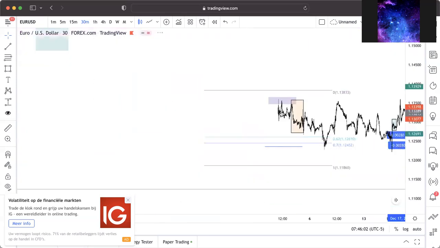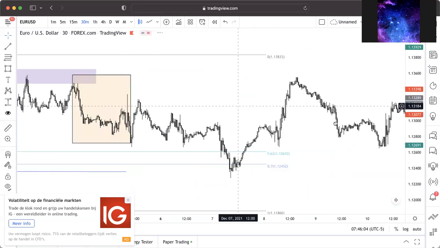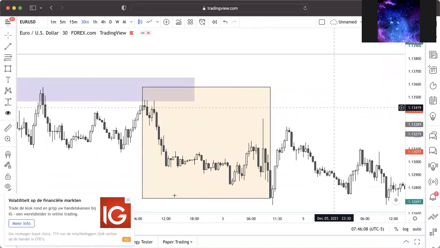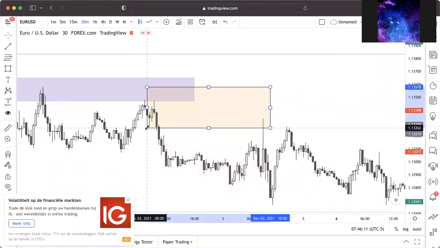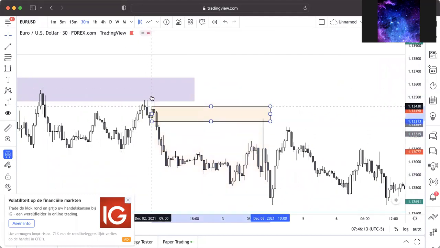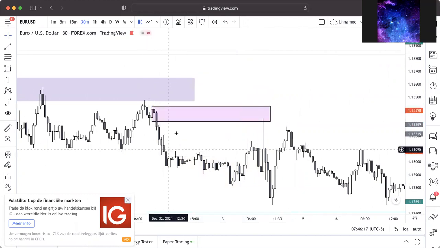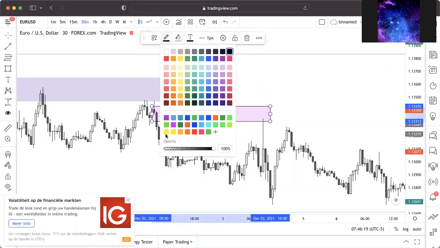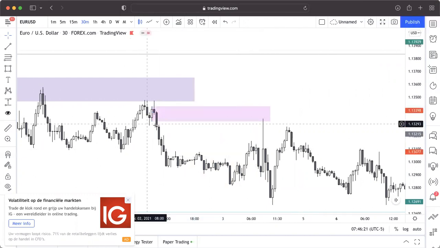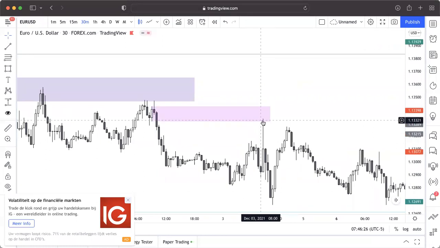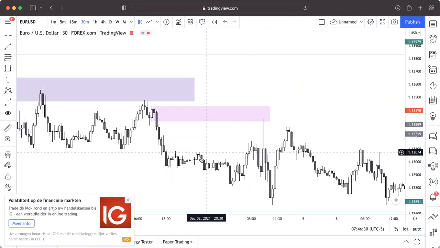Here I can show you why we want to use the bodies of the Asia range instead of the wicks. This is an order block. Let's say you want to take the trade from this order block, but you also want to use the standard deviations as additional confluence.